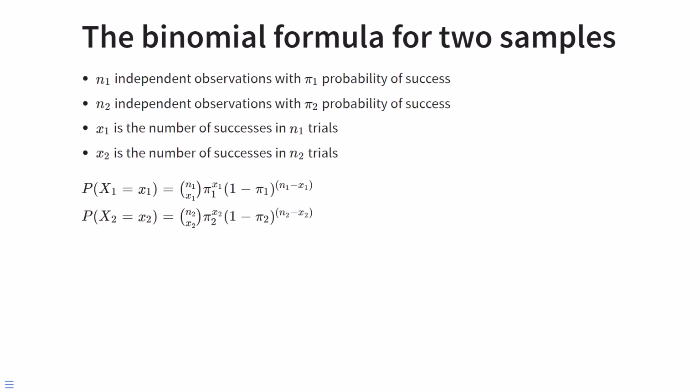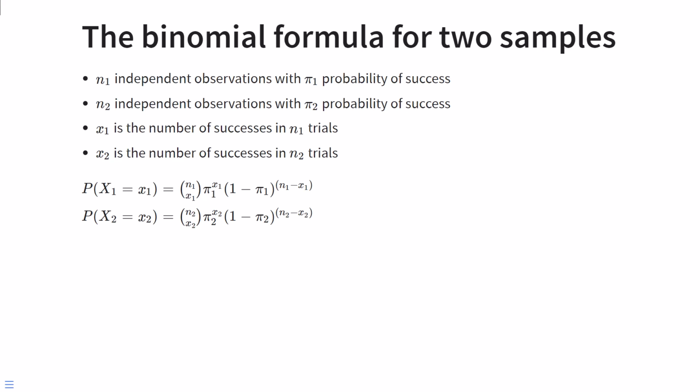So now here we have two samples. We have n1 independent observations for the first sample with pi 1, an unknown probability of success, and n2, the number of observations in our second sample with pi 2, again the unknown probability of success. Let's say that x1 is the number of successes we observe in n1 trials, and x2 is the number of successes in n2 trials.